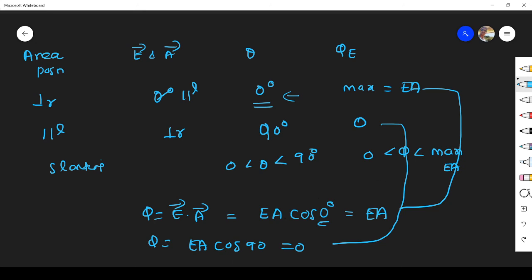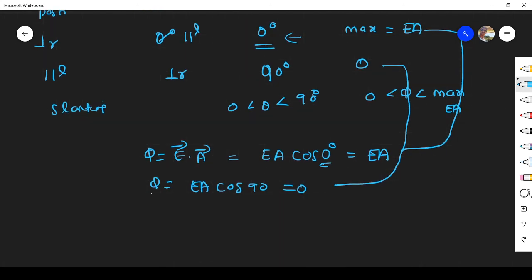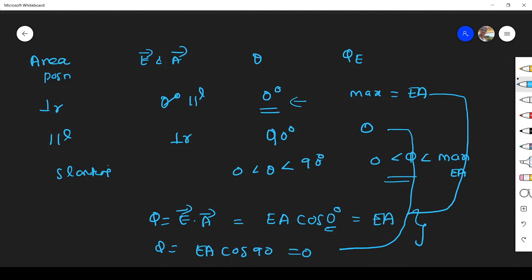Third one, theta lies between 0 and 90 degree, so cos theta lies between 1 and 0. Yes or no? Cos 0 is 1, cos 90 is 0. So for all cases the flux lies between 0 and maximum, because theta 0 gives maximum and theta 90 gives minimum. So this whole table is simply expressed by phi is equal to E dot A.